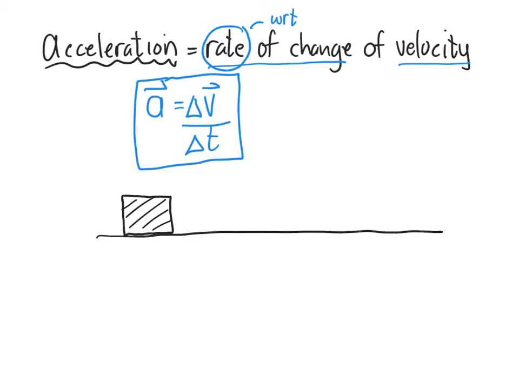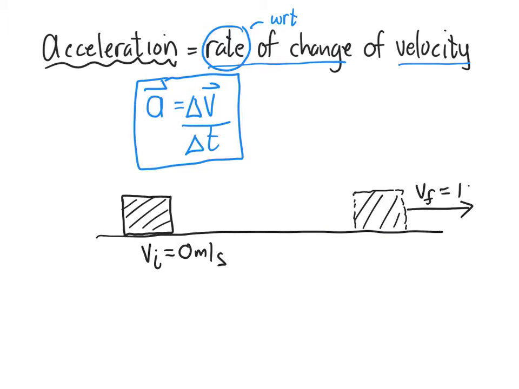So if we consider an object that is initially at rest, and I'm going to use VI, I for initial, to represent the initial velocity, 0 meters per second. And then this object is moved in such a way that 5 seconds later, the same object is traveling at a final velocity of 10 meters per second.